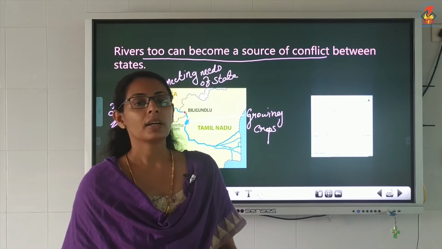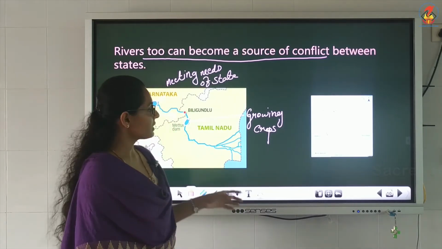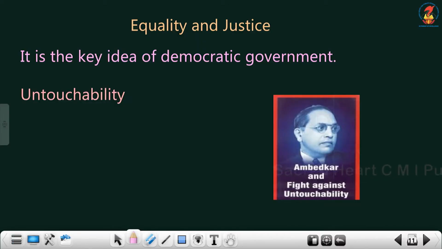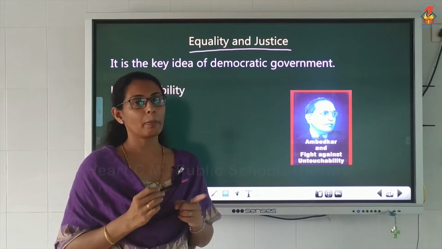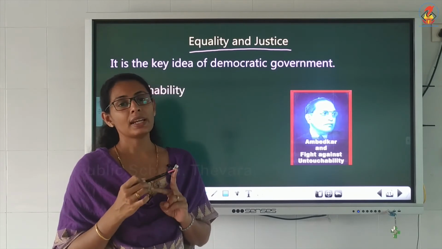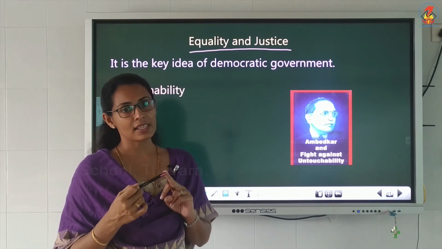Situations. Clear? Now the next important feature is equality and justice, the key element of a government. First we studied participation, second participation through voting, then other ways like strikes, dharnas, and signature campaigns.